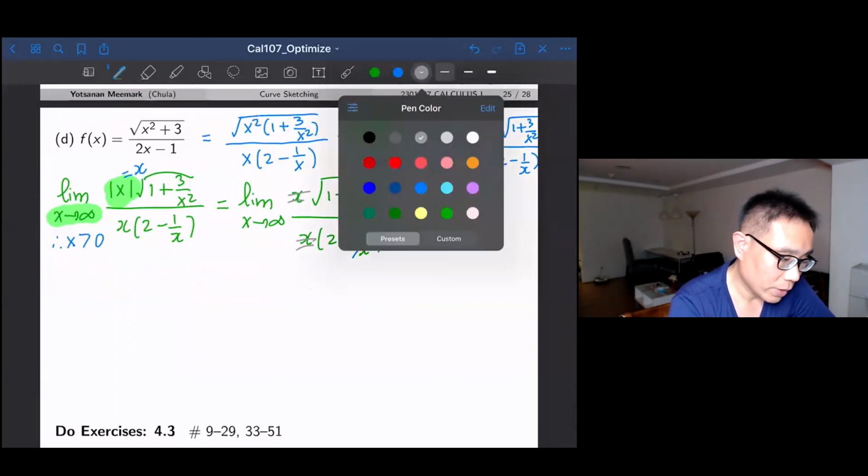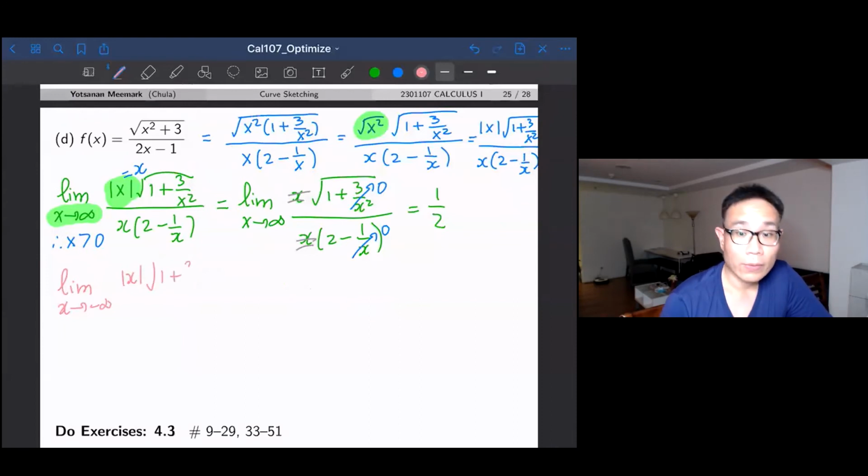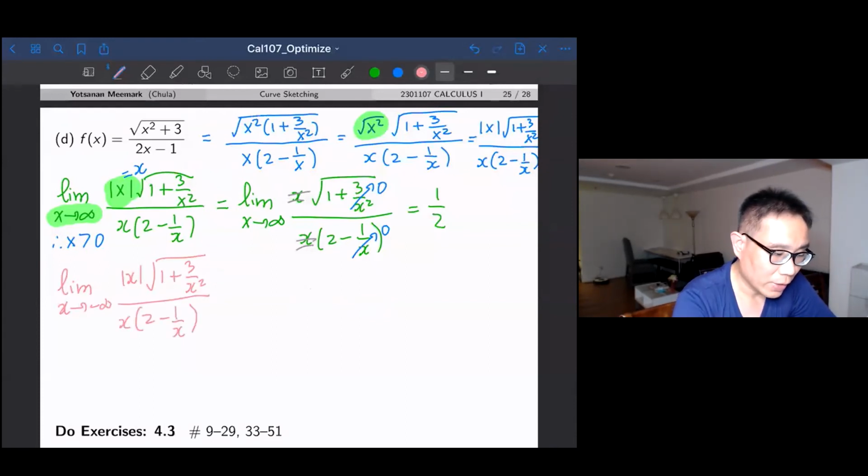And we're going to find the limit as x goes to negative infinity of the same expression. So it's going to be the absolute value of x times the square root of 1 plus 3 over x squared, and on the bottom x times 2 minus 1 over x, with x going to negative infinity.